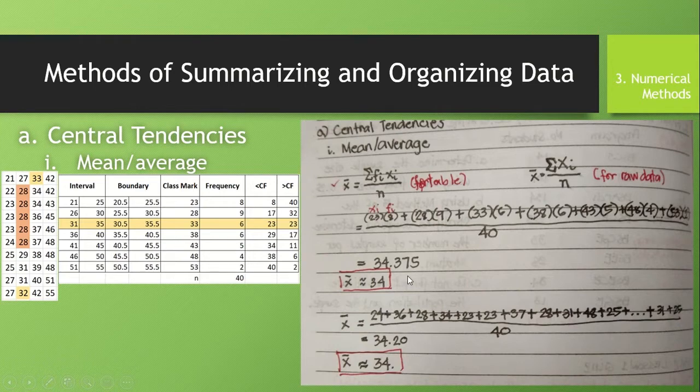You have to understand that the mean of grouped data would not be as accurate compared to the raw data or the ungrouped data, since here we're actually estimating based on this table, but for this portion here we are calculating the exact mean of the given data.